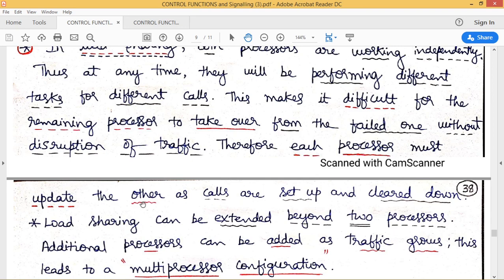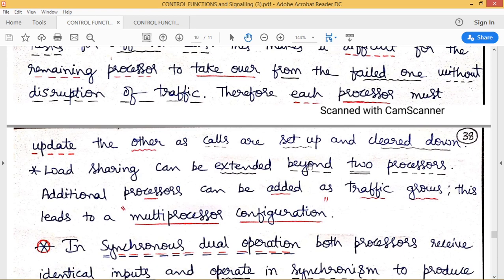If they are updated, then we don't observe any disruption of traffic. If this processor fails, the other processor can handle that traffic, so the calls can be set up and cleared down.